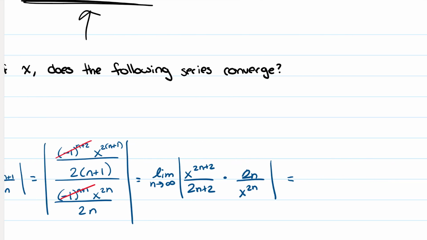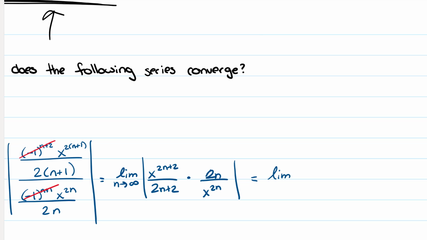Now I'm just going to simplify that a little bit, and this is the limit as n goes to infinity, absolute value bar, x to the 2n times x squared divided by 2n plus 2 times 2n divided by x to the 2n. Now my x to the 2n's cancel.